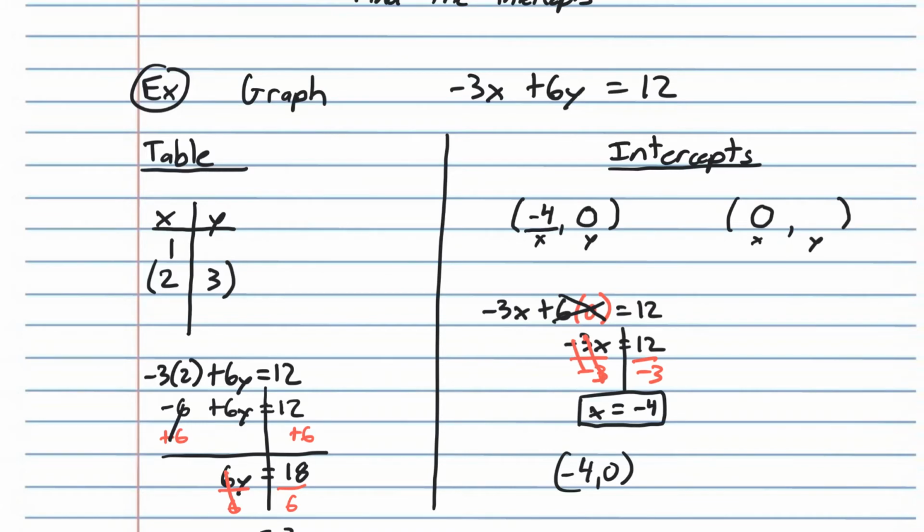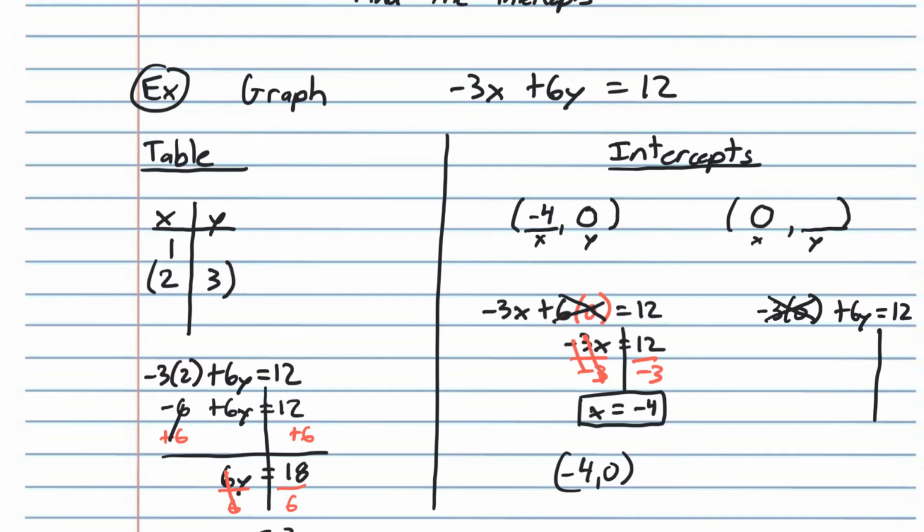Now we just have to do the same thing for the y-intercept. We know that the x value is going to be 0, so we just got to plug that in. So negative 3 times 0 plus 6y equals 12. Again, the nice thing about working with zeros is they make things go away, right? Negative 3 times 0 is 0.